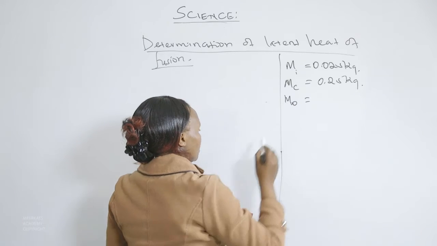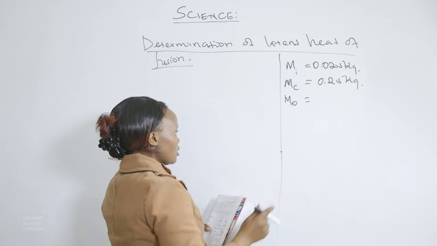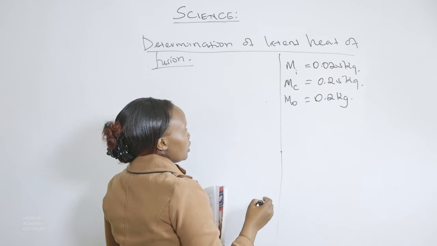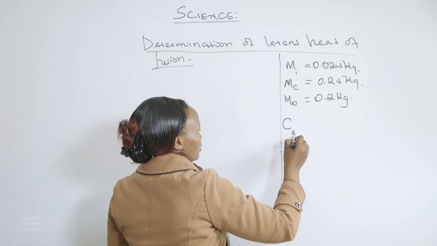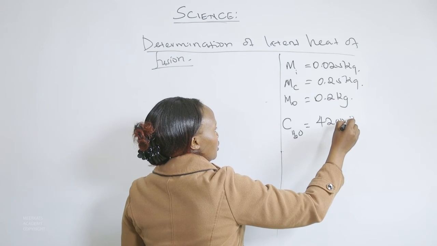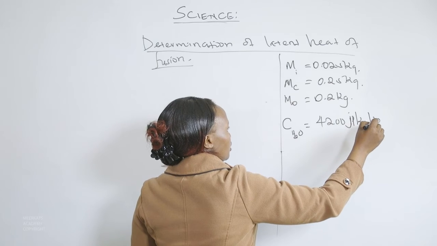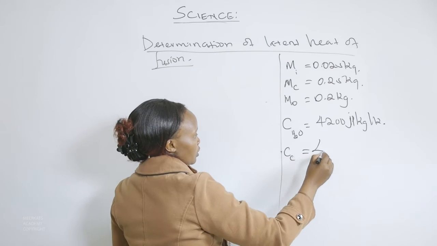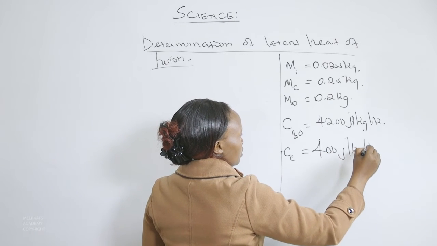Mass of water is given as 0.2 kgs. Now specific heat capacities, that of water is given as 4200 joules per kilogram per Kelvin. That of copper is given as 400 joules per kilogram Kelvin.